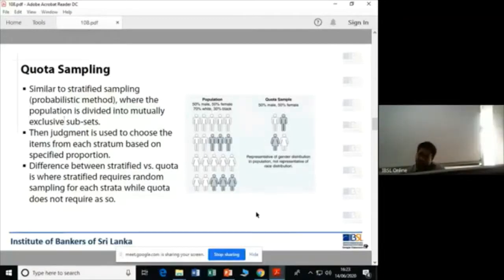So the most important thing, I reiterate, is that it is not a random selection but an educated selection that we are discussing under the quota sampling. That would be the only difference that we are going to discuss when we come to the stratified sampling against this. Okay.